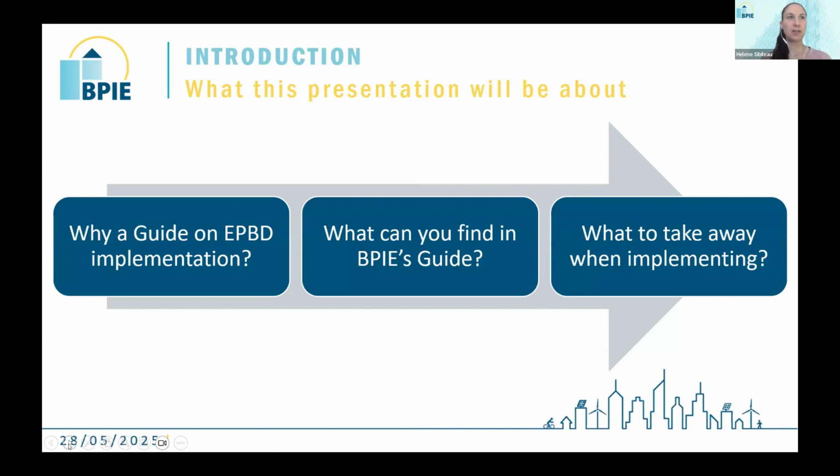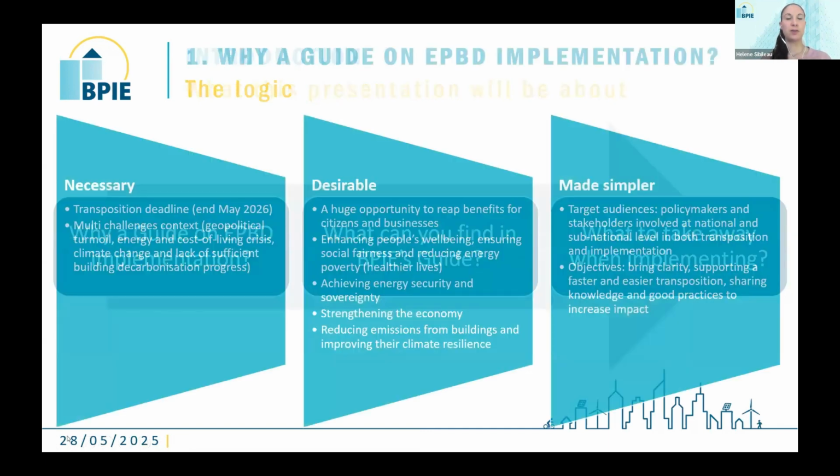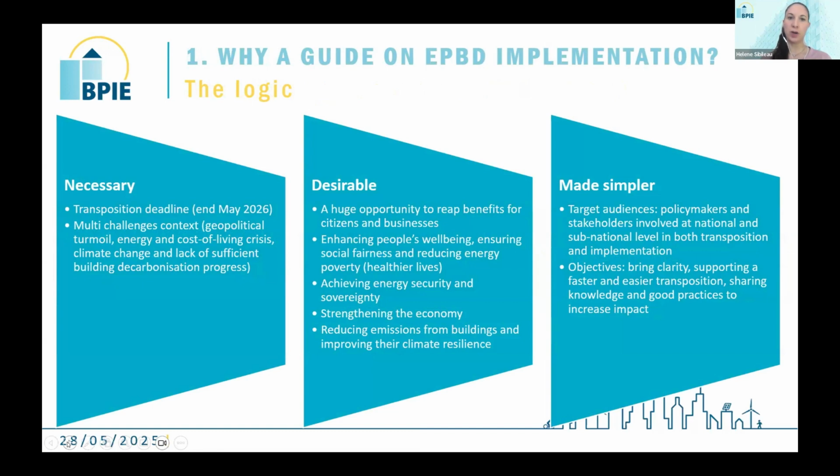So let's start with the logic of why putting together a guide on EPBD implementation. The first thing to recall, of course, is that it's basic, but implementing, transposing the EPBD is necessary. It's a legal requirement. And we are today actually 12 months before the transposition deadline of the directive in the member states.